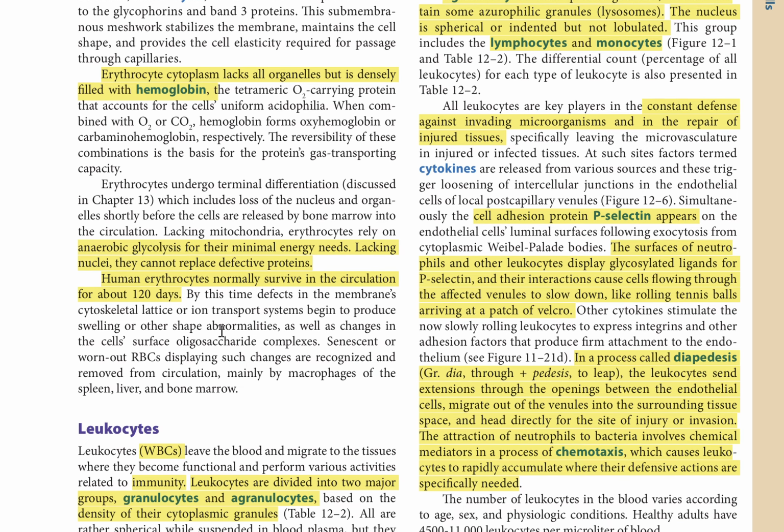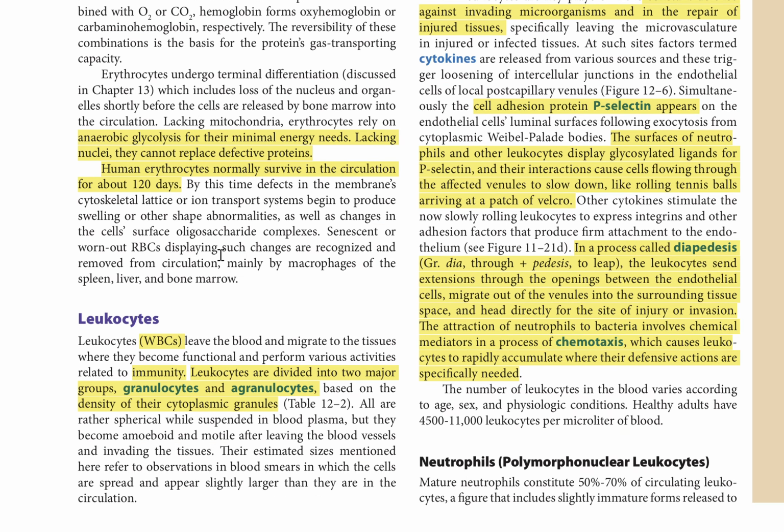We have seen the lifespan of red blood cells, how their lifespan affects different structures, and how the macrophages of the spleen, liver, and bone marrow remove these dead RBCs from our blood.